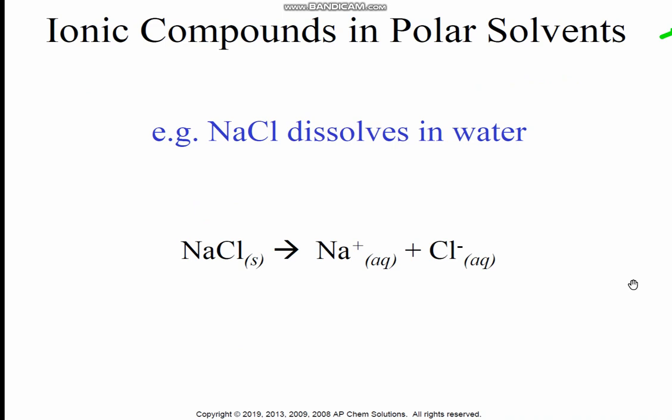Okay, so when we have ionic compounds, an ionic compound is not going to have any intermolecular forces, but they are going to be very polar, because that means we're going to have a positive pole and a negative pole. When we have that positive and negative pole, that means that they are going to be attracted to the water.